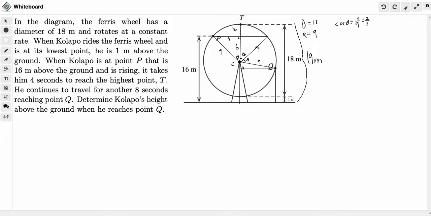So let's first find the length of the center to the bottom line. The top of the Ferris wheel is 19 and T to the center is 9. So 19 minus 9 is 10. So this line will be 10.